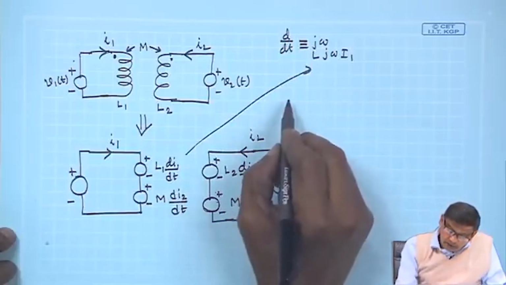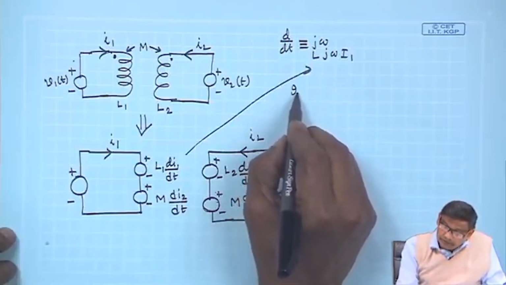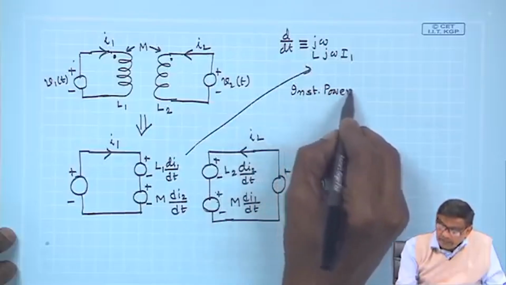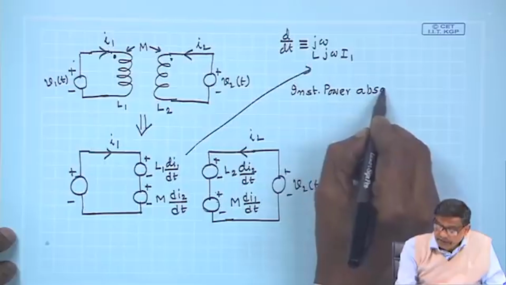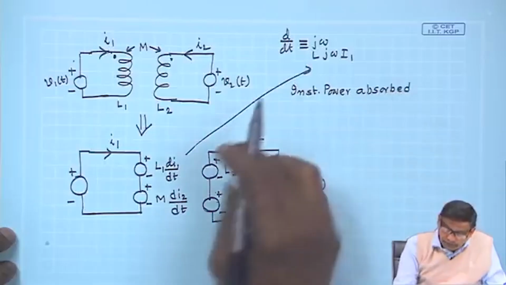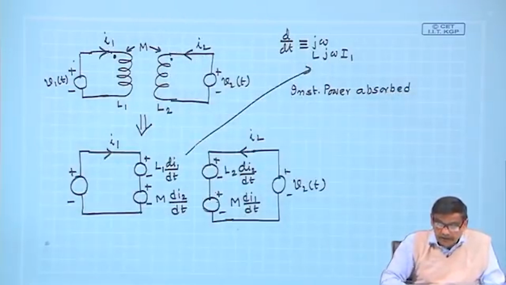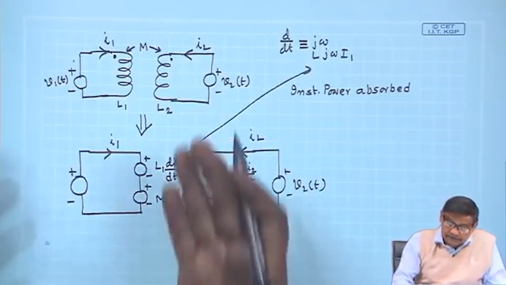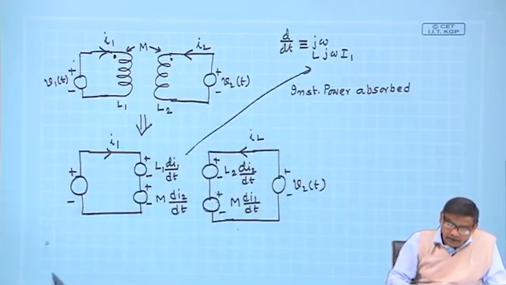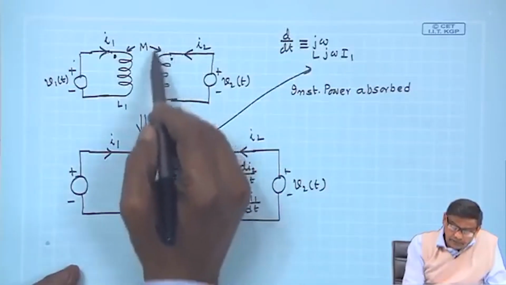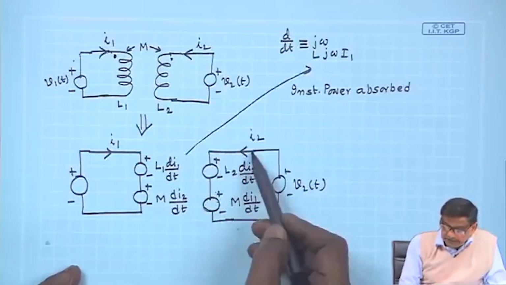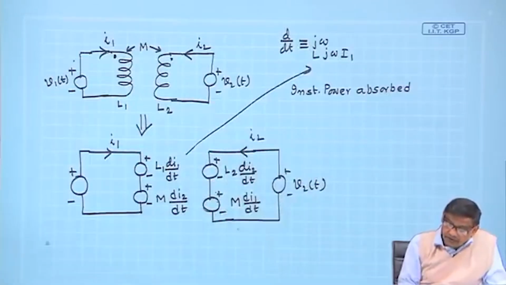So, we write instantaneous power absorbed, mind you, absorbed, because both these coils are absorbing power. Who decides that? Because I have assumed the currents in such a direction, polarity of the voltage is given. So, I can make out whether this fellow is absorbing power or not. This is plus minus at the voltages, current is entering through the plus, it is absorbing.